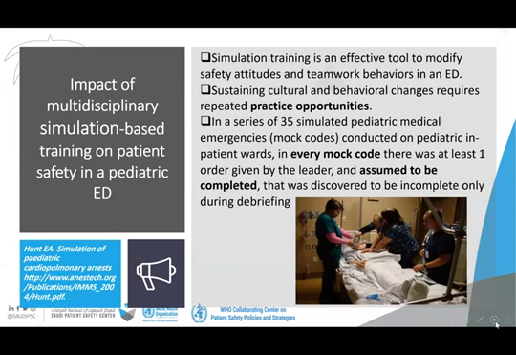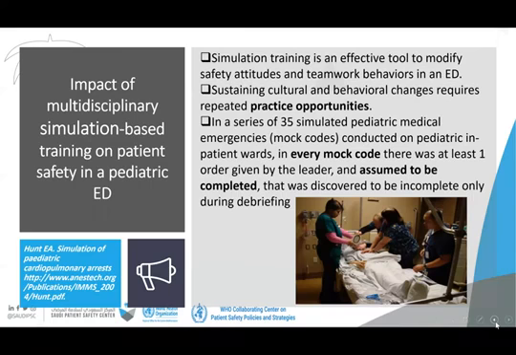What they wanted to evaluate was what happens to the emergency medications that are verbally ordered during real codes or even mock codes. In a code, as all of us know, most of the orders are verbal. So there will be a verbal order of give adrenaline, give this medication.